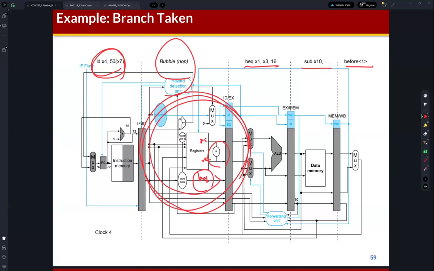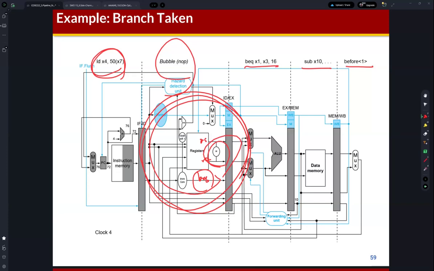So the approach is actually good. We can use the equality check logic in the ID stage. So the approach is good. Okay.